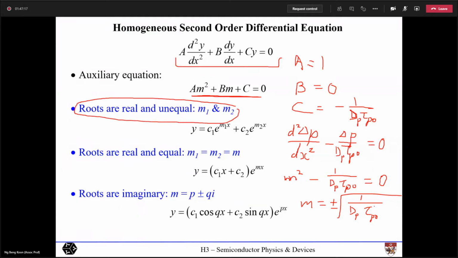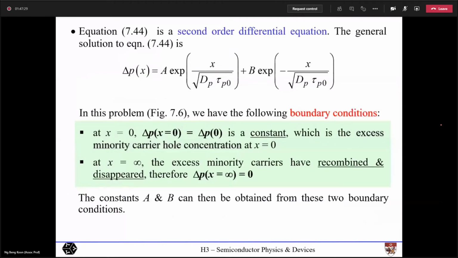It's real, and the two roots are plus and minus, so they are two different values. So the general solution for our analysis will be of this form. That's why over here we have delta p of x as A exponential x over square root of D_p tau p plus B exponential minus x over square root of D_p tau p. So it's real and unequal roots.